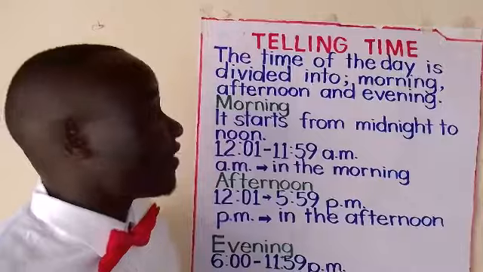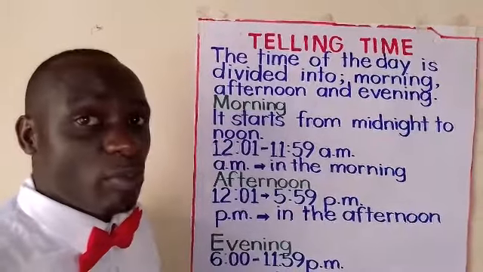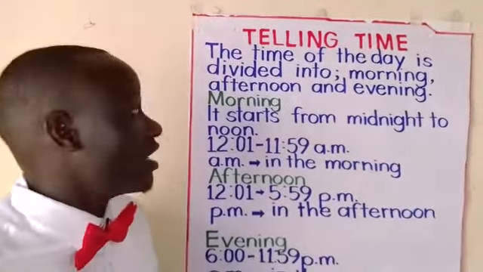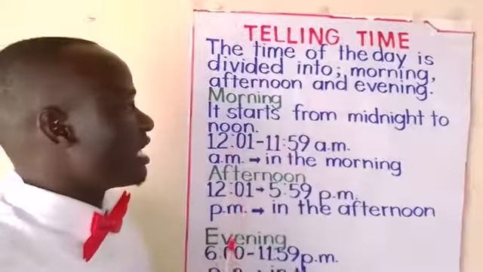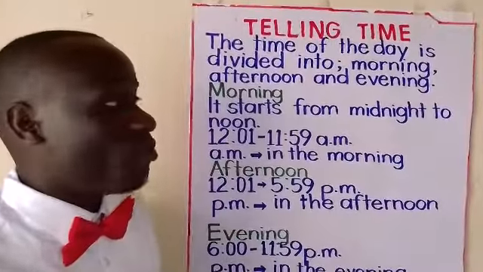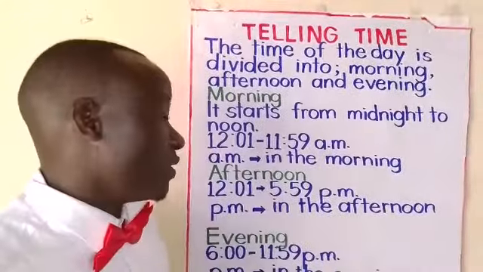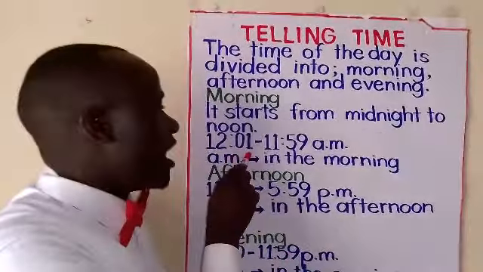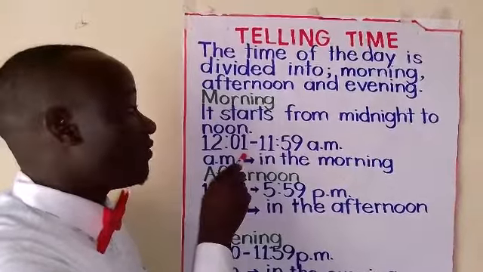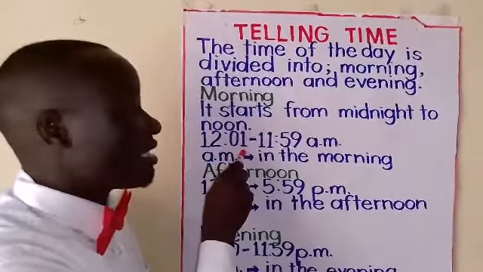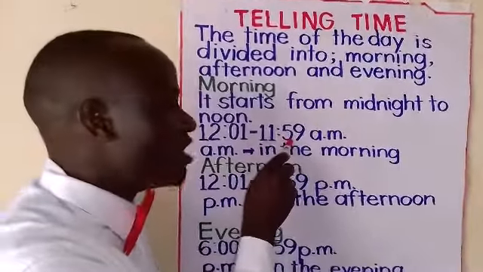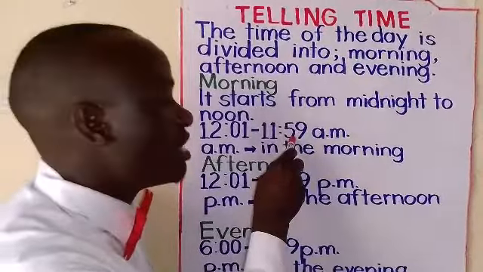The time of the day is divided into morning, afternoon, and evening. Morning begins right from midnight up to noon. At 1 minute past 12, that's when morning begins, and it stops at 1 minute to noon or midday.